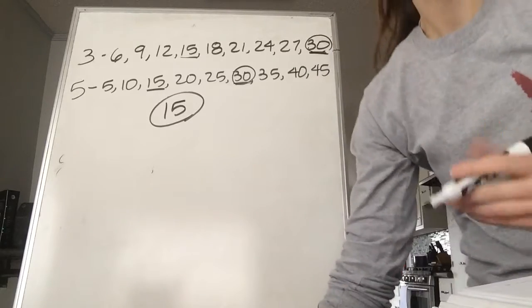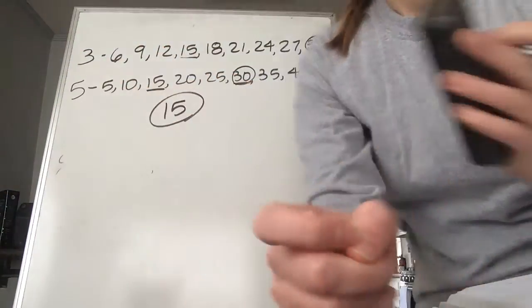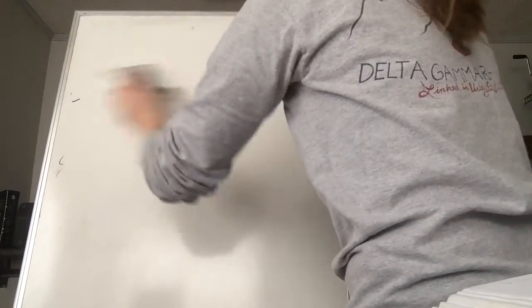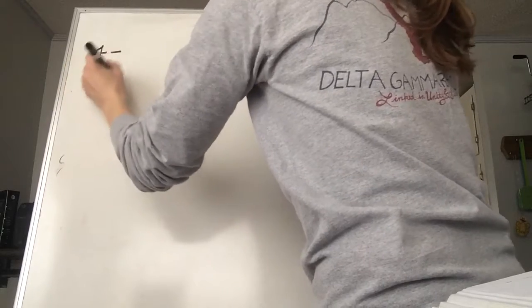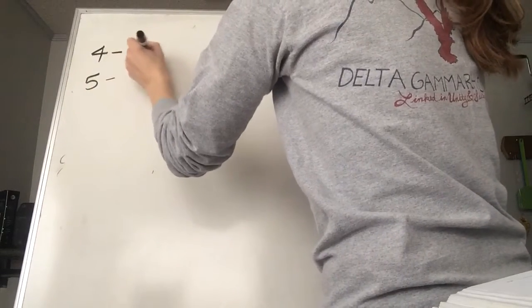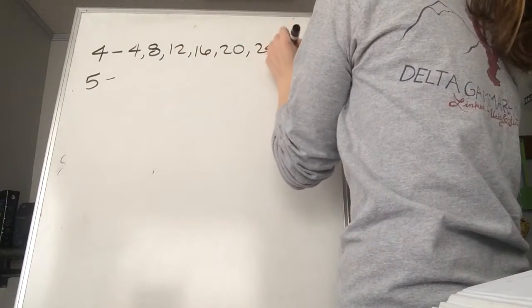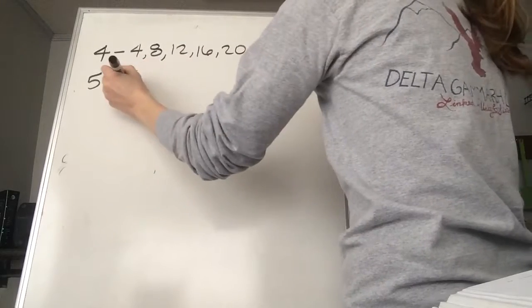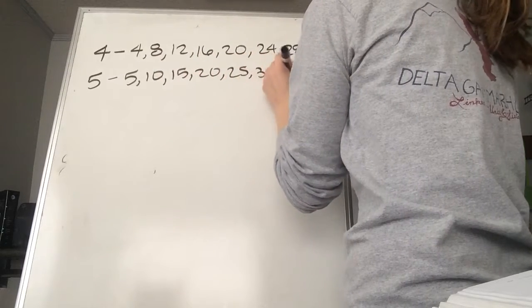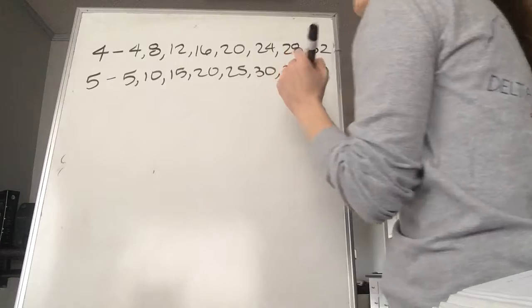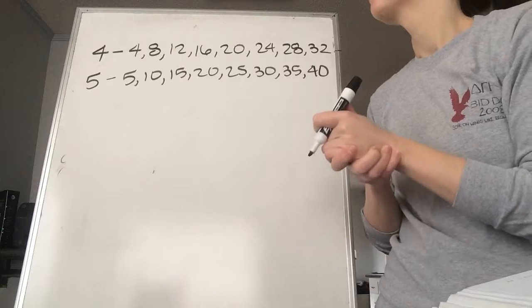Okay, number 3, 4 and 5. Multiples: 4, 8, 12, 16, 20, 24, 28, 32. And then 5, 10, 15, 20, 25, 30, 35, 40. Okay, so if this is something where you're like, wow, this is going really fast, it's been a while since I've done my multiples, go over those multiplication tables.